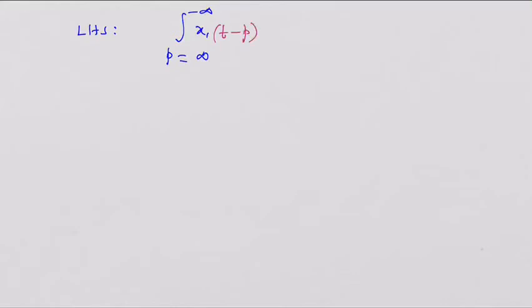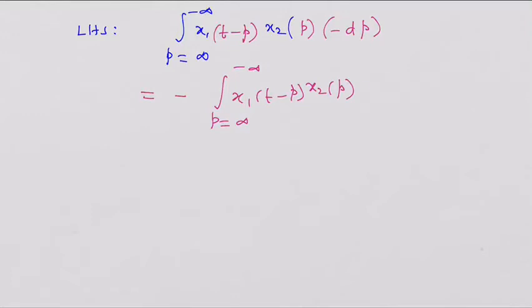Whereas x2 of t minus tau was replaced by p, right? And d tau is represented by minus dp. So if the minus is taken outside, this becomes the integral from p equal to plus infinity to minus infinity, x1 of t minus p into x2 of p into dp. The equation becomes a function of t. The variable of integration is p.